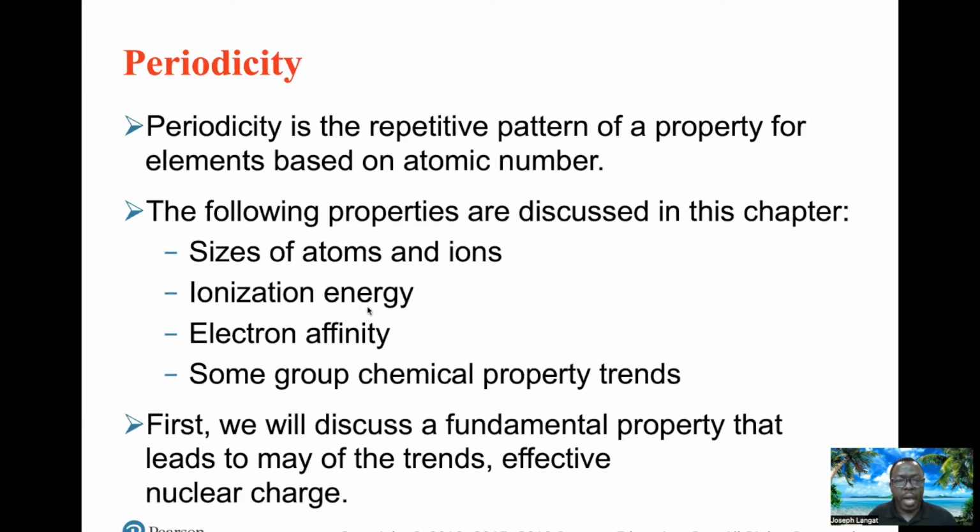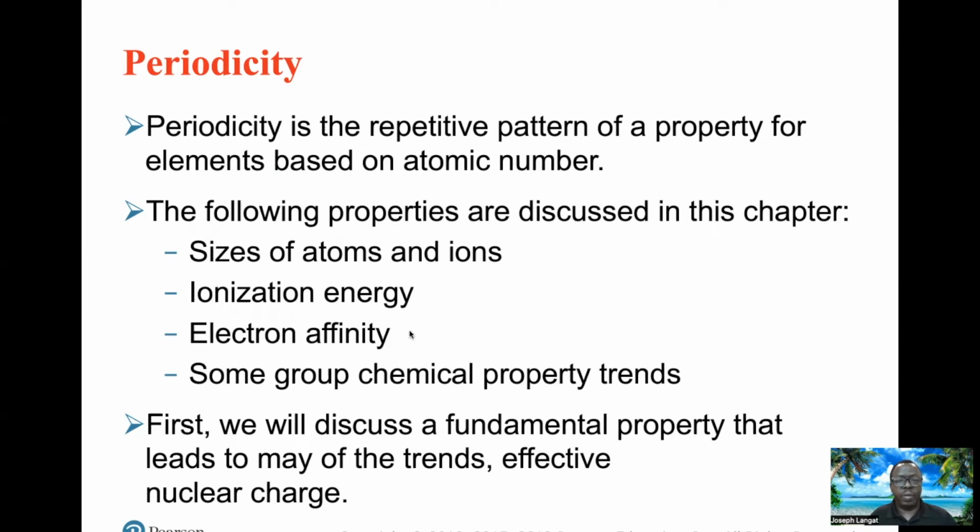We will look at the ionization energy, as explained earlier on. It is the amount of energy required to remove an electron from an atom or ion in its gaseous state.